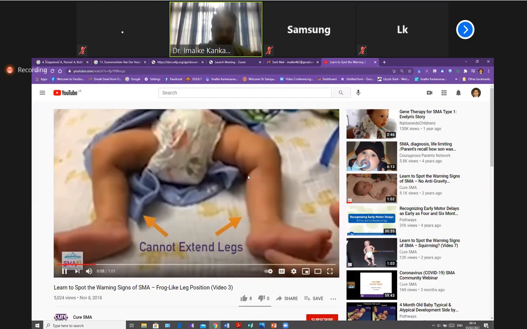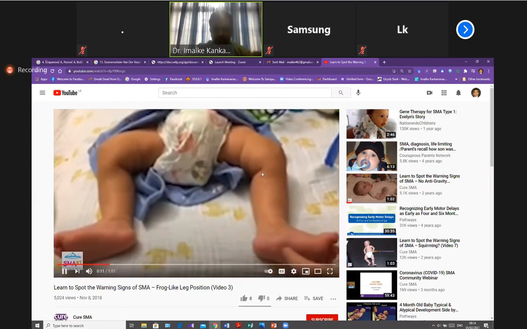So the difference between frog leg and the normal legs, right?